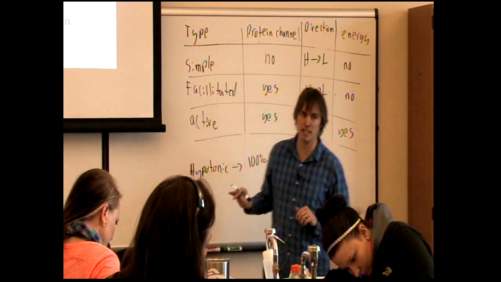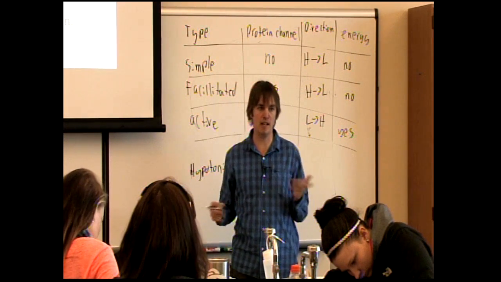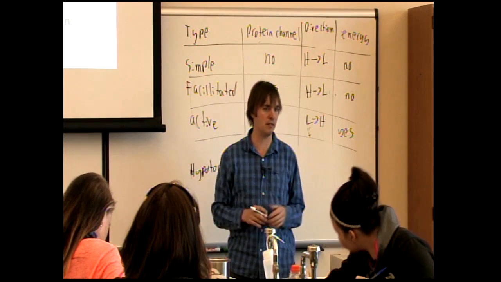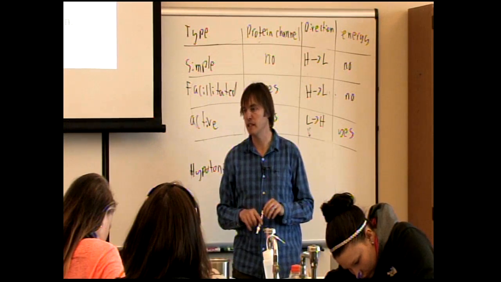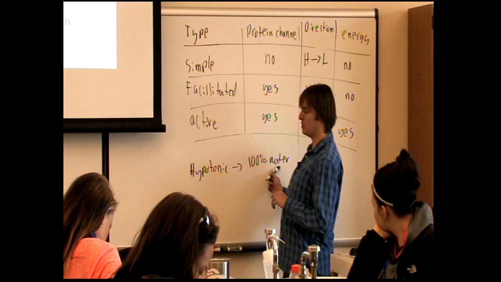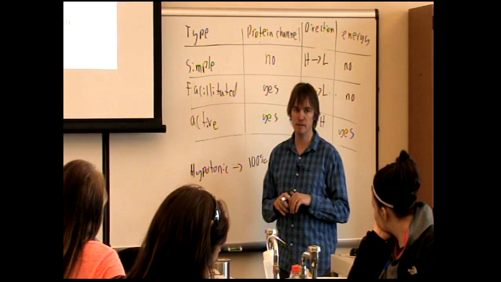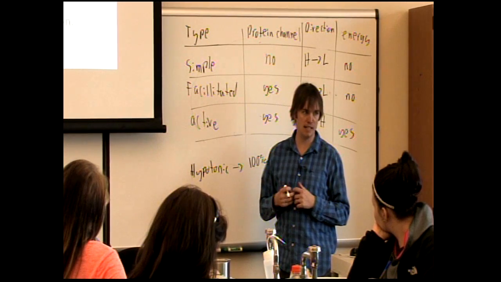And that is because inside of the cell it has stuff dissolved in it, right? It's not 100% water, it's got salts or glucose, everything else. So if you put a cell in 100% water, water is going to go into the cell because there's more water outside.